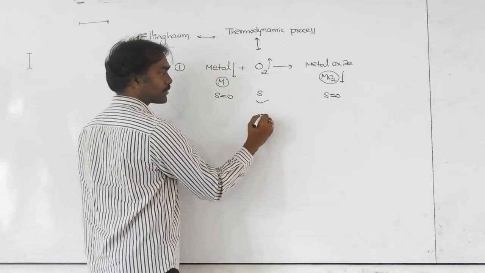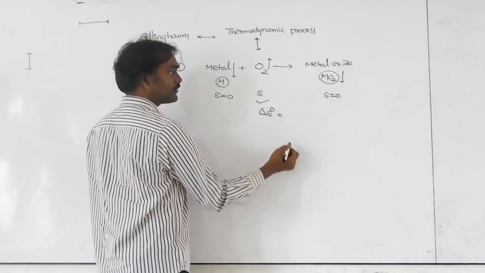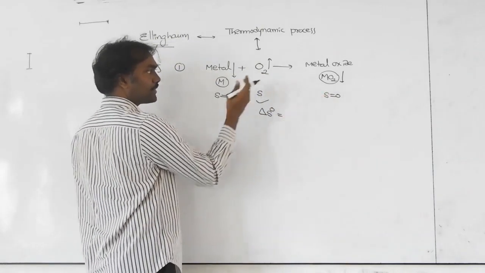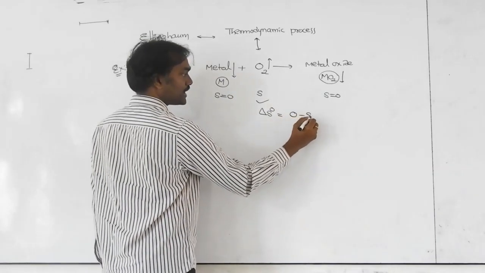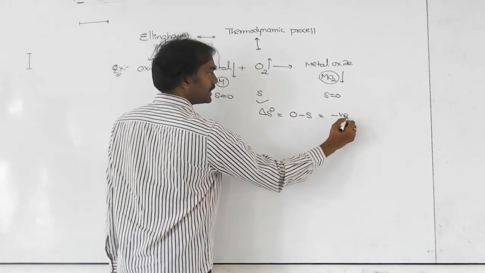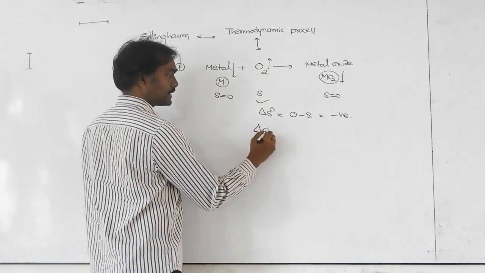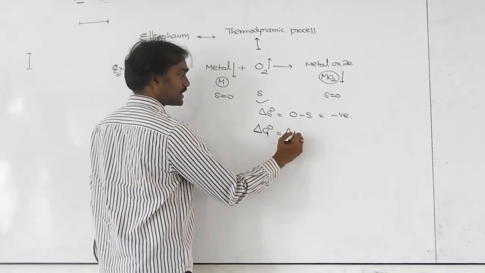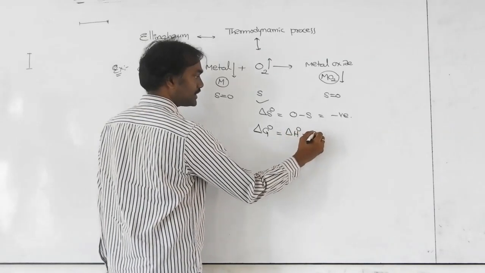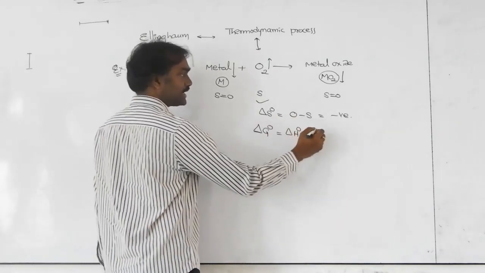The change in entropy, delta S naught, equals product entropy minus reactant entropy: 0 minus S, so we get a negative value. Applying this in the Gibbs free energy, delta G naught equals delta H naught minus T into delta S naught.